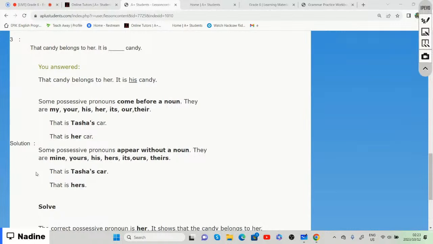And then we have some possessive pronouns that appear without a name, and they are mine, yours, hers, his, its, ours, and theirs. And these are possessive pronouns, right? They show possession, so they show that something belongs to someone.